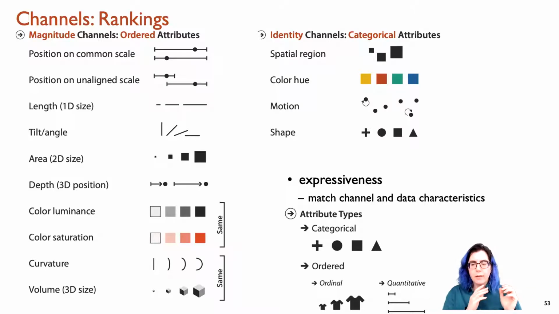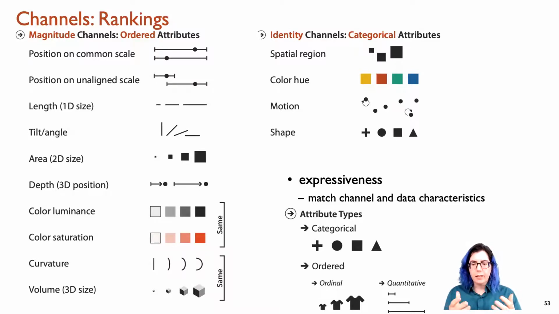Now over on the right side, what we have are the identity channels. These show, are you a part of something? These are a good match with categorical attributes, like it's the what instead of the how much. What region is this in? What color is this? What motion am I seeing? What shape is this? That's a good match for categorical.